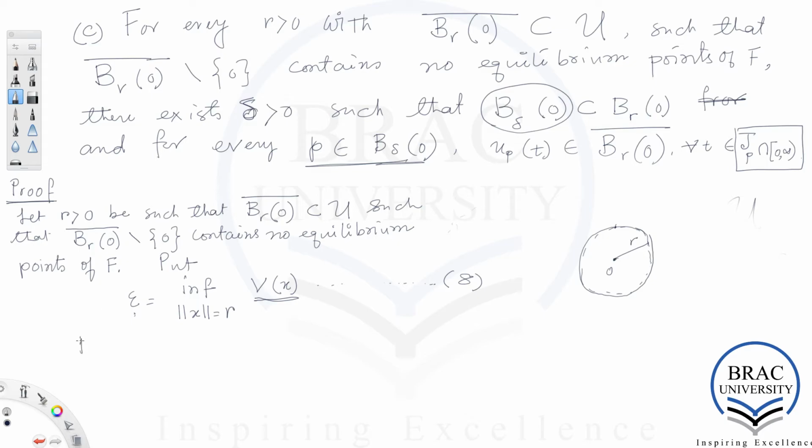Now the boundary of BR0 is the compact set delta BR of 0.